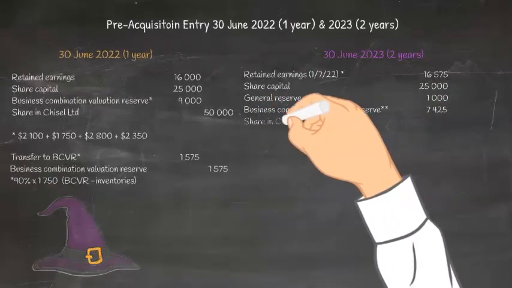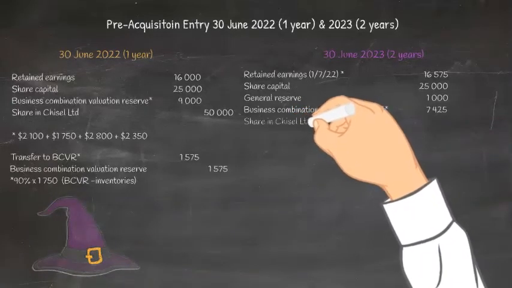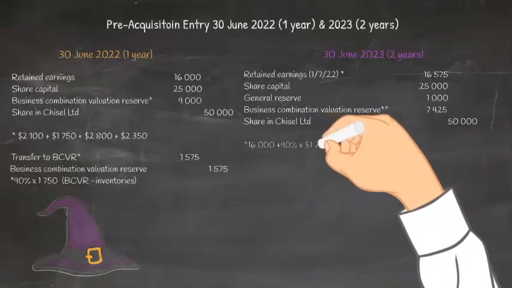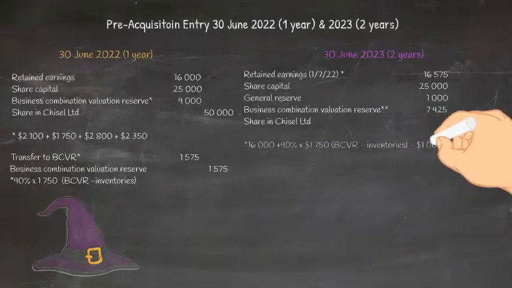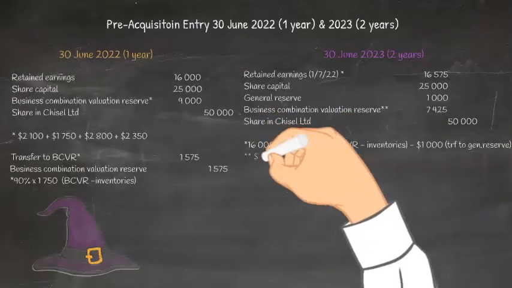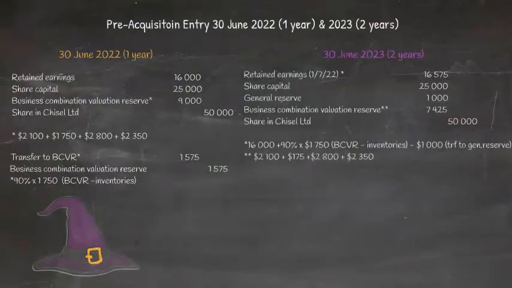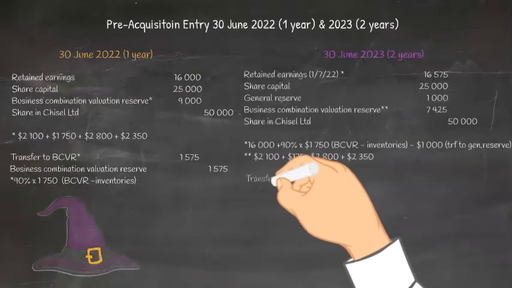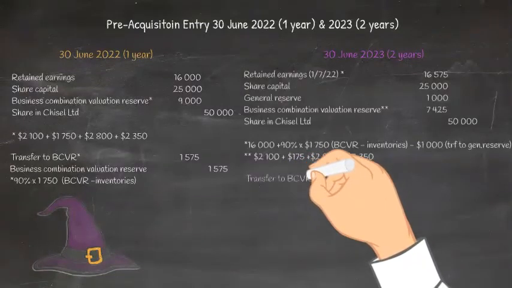The BCVR reflects the 10% of inventory sale. Then we must show the current transfer of BCVR due to the sale of inventory. The previous period transfer from pre-acquisition retained earnings and general reserve is also shown here.